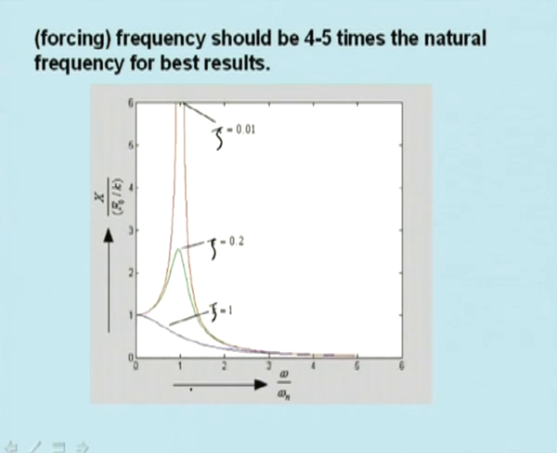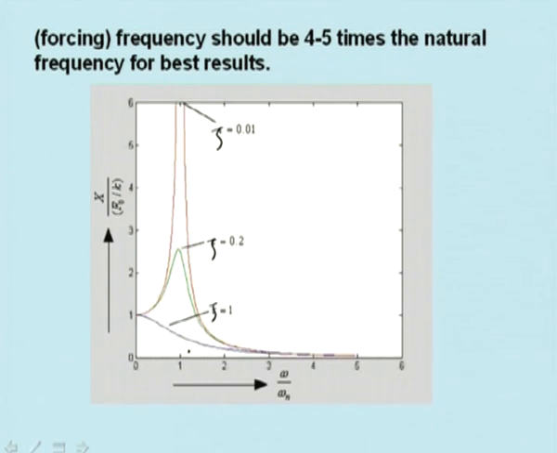At omega by omega n equal to 1, if damping is very low, then a resonance type condition occurs. We see that the magnification becomes almost infinite, and near the natural frequency the magnification factor becomes very high.